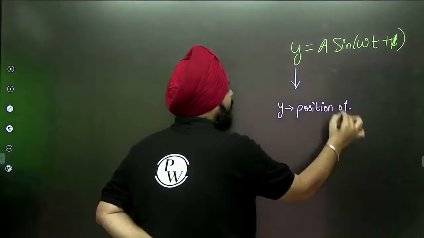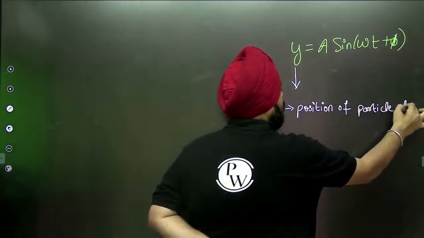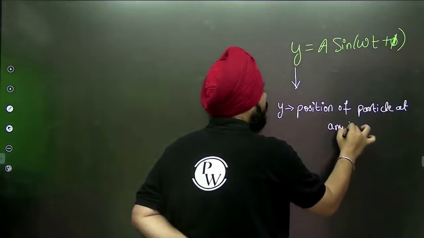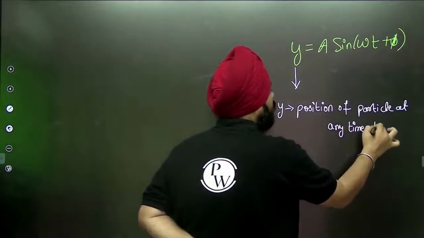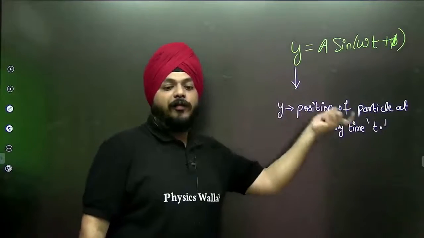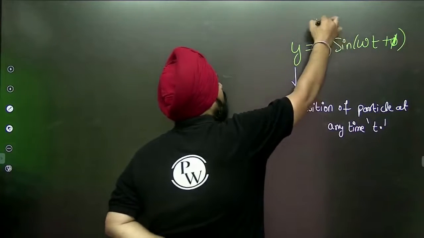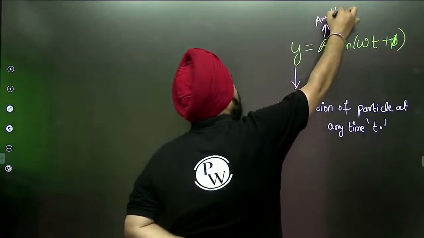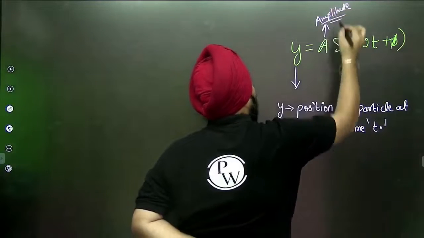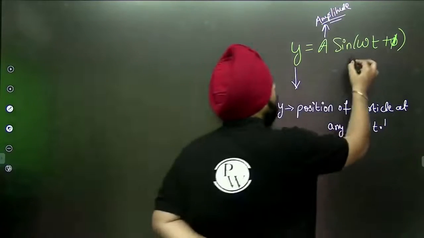Position of the particle at any time t. This is how the variation of the position of the particle is measured. What is A? Amplitude. Now see what this is.